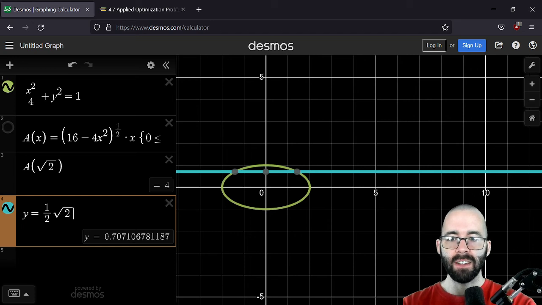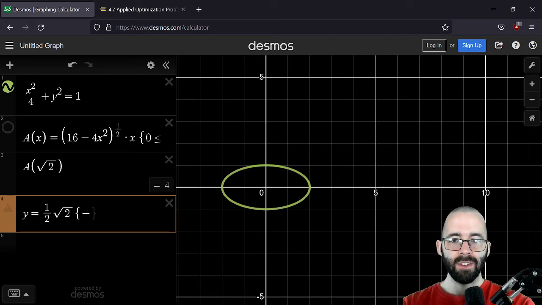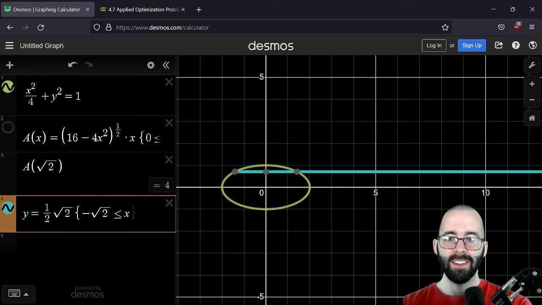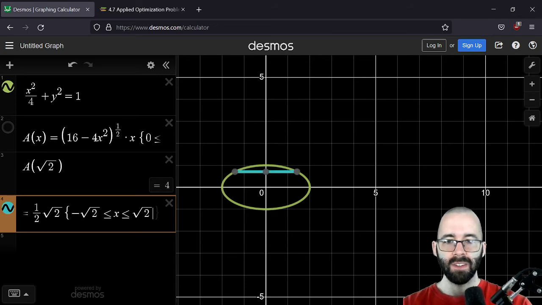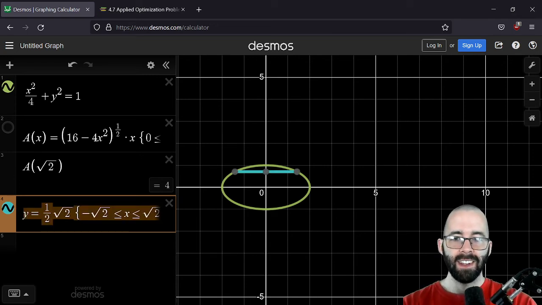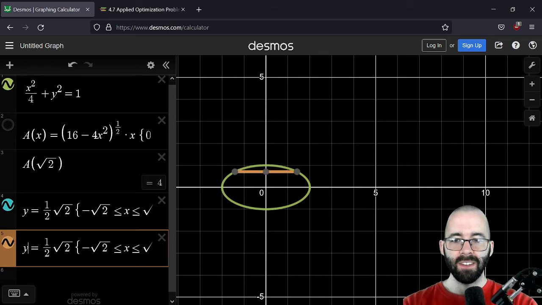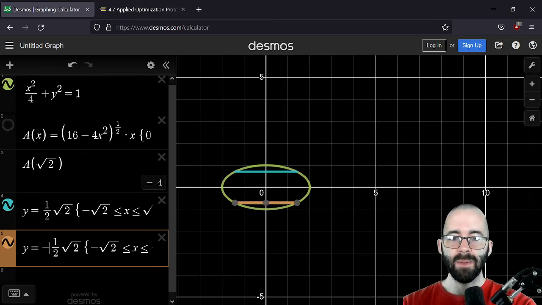That's where the vertical line is. And it goes from negative 1/2 square root of 2 up to positive 1/2 square root of 2 times 2. It's that on the top. It's the negative on the bottom.